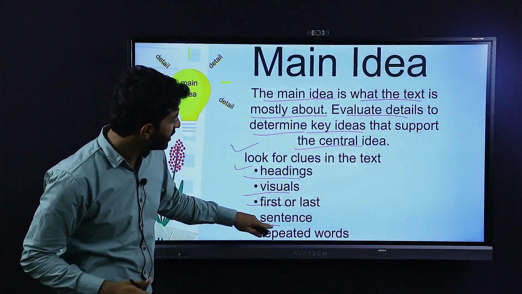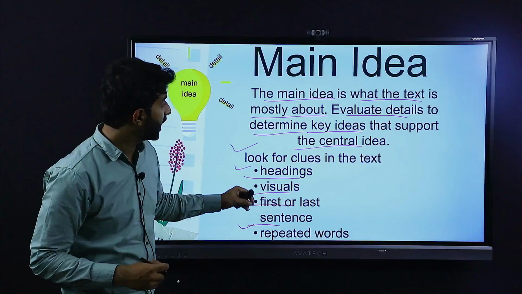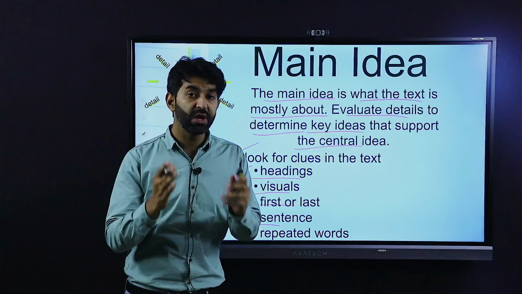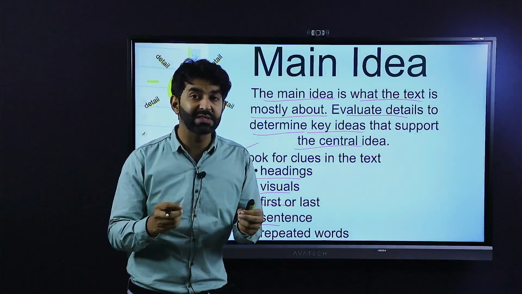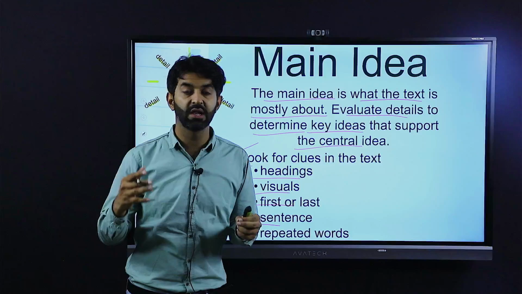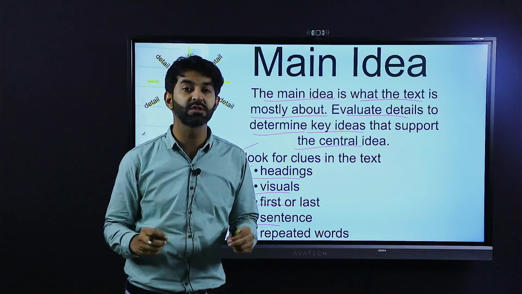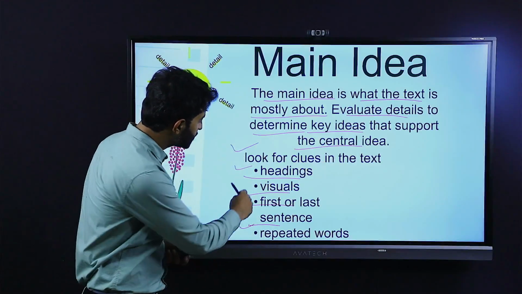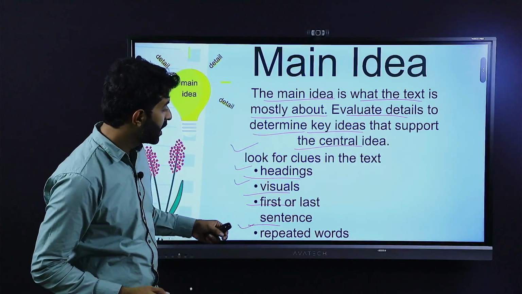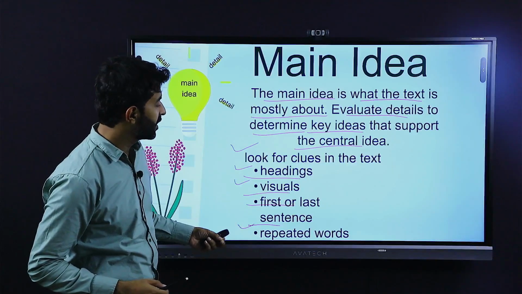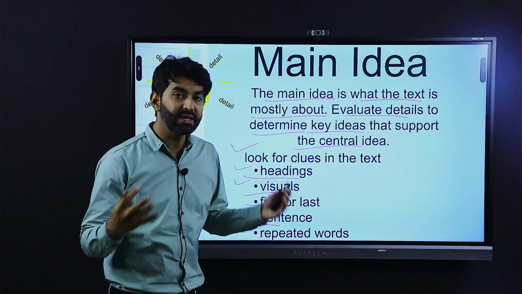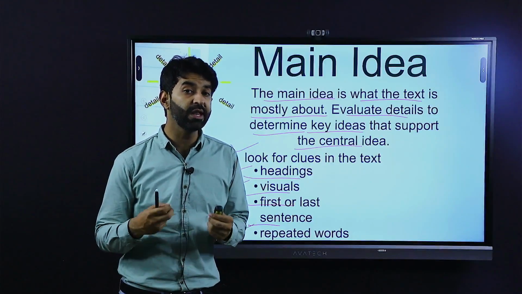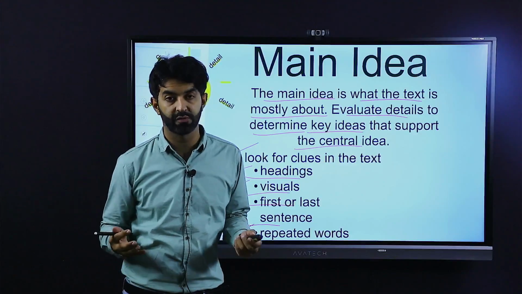Now, finding all these things, you can actually get to the main idea. You will read the first paragraph, the first sentence of each paragraph, the last sentence, the keywords, repeated words, bold words, and the visuals, the headings, etc. All these kinds of clues you will be looking for, and then it will lead you to the main idea of the text.